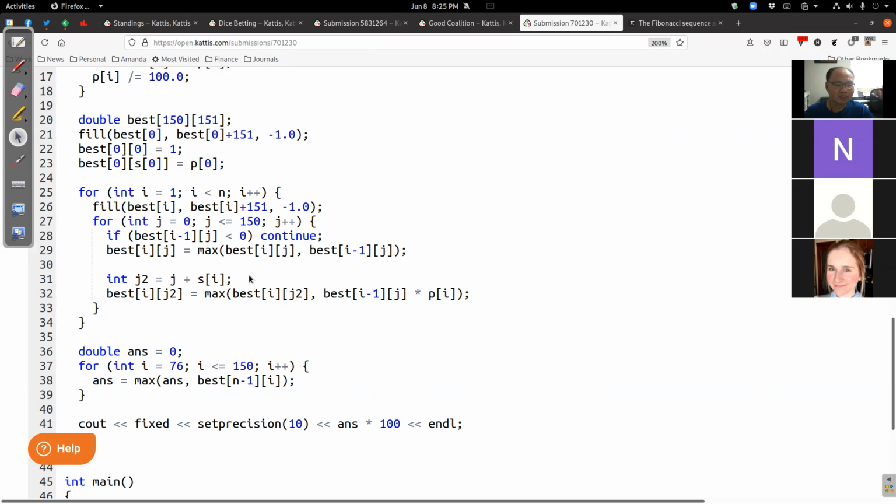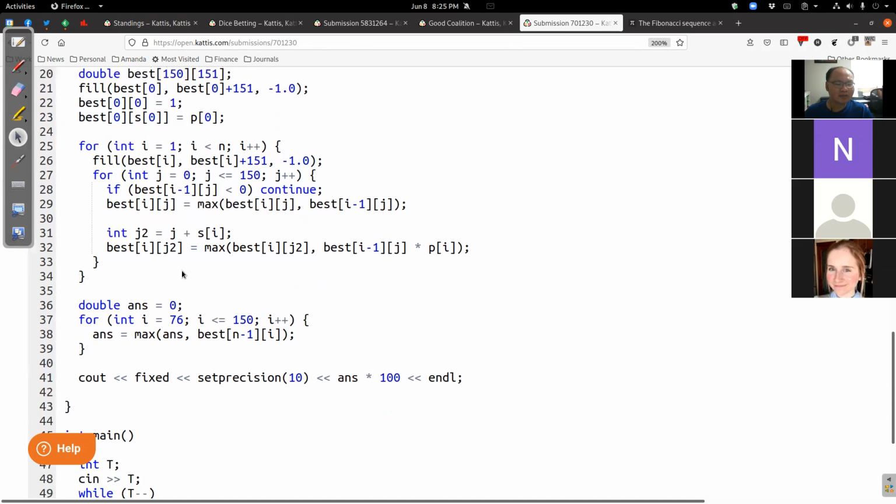Basically, those are the two choices. If I don't use the new party, then it doesn't change the J. Otherwise, I change the J by adding the size of the new party that I include, and the value is whatever I used to have as the best one times the probability. Anyway, this is basically the knapsack algorithm.